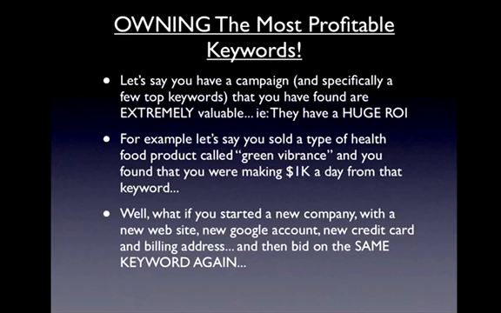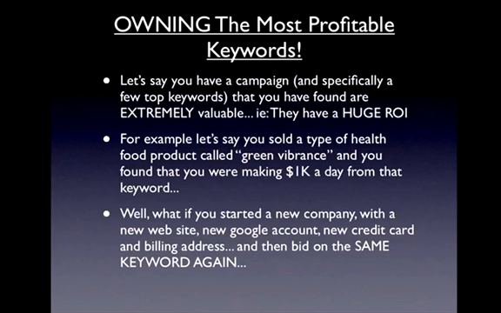Green Vibrance Online Health Store.com, and you're position number 1 on Google when people type in Green Vibrance, and you're making a killing on that keyword. Now you say, you know what? Instead of letting my competitors go against me and be in position number 2 and position number 3, why don't I start a new corporation? Maybe you get a different business partner, or you have someone else start this new corporation, right?